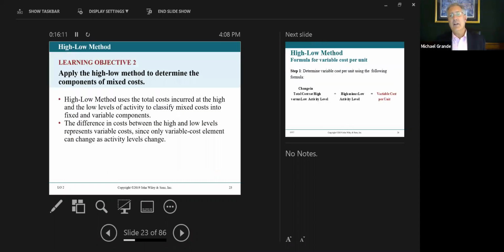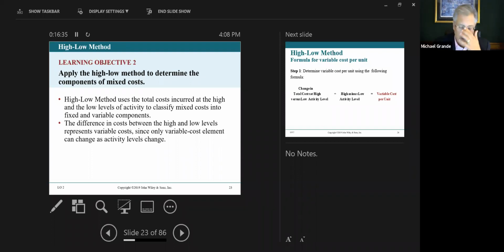So once we know a cost is mixed, we want to be able to come up with a formula to predict total cost. So we're going to apply the high-low method to determine the components of the mixed cost. The high-low method uses total costs incurred at the high and the low levels of activity.